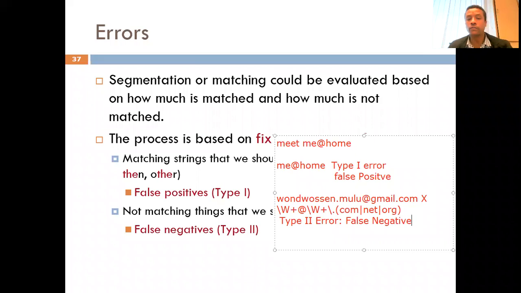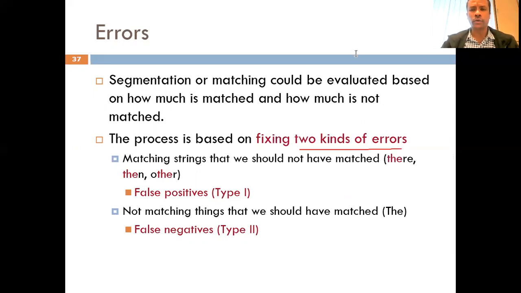It means your program wrongly disregards a correct result. Type 1 error, false positive, means your program falsely identifies a wrong value as correct. Okay, these are the two types of errors that we want to focus on. We'll say more about this after the break.